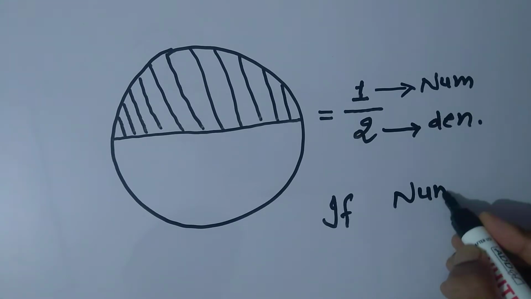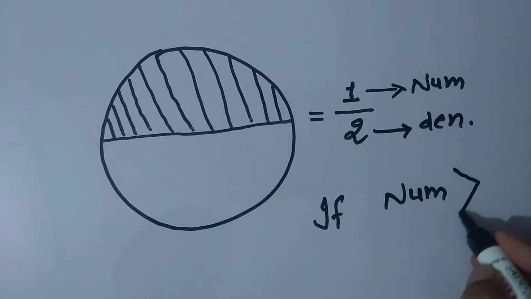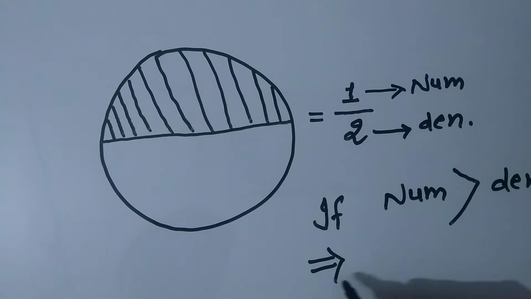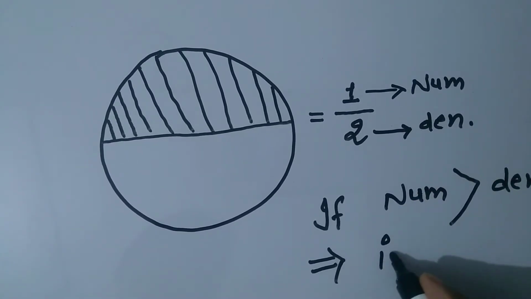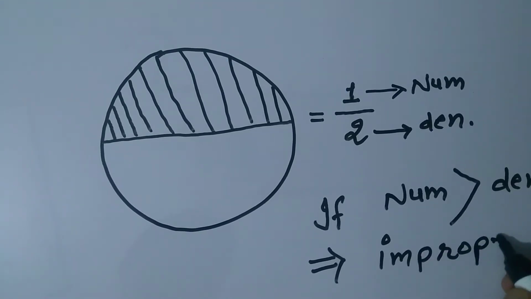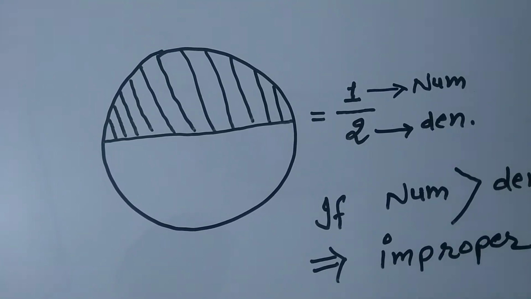if numerator is greater than denominator, it means the fraction is an improper fraction. Improper fraction.